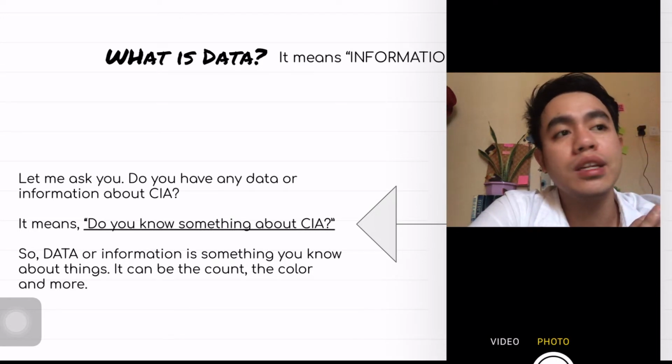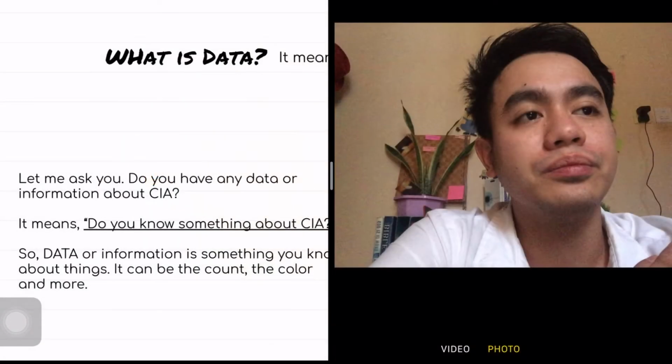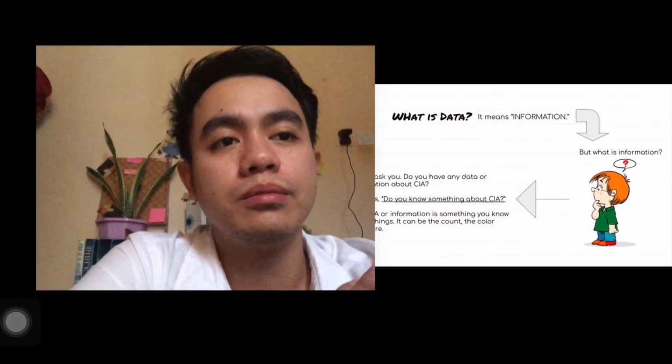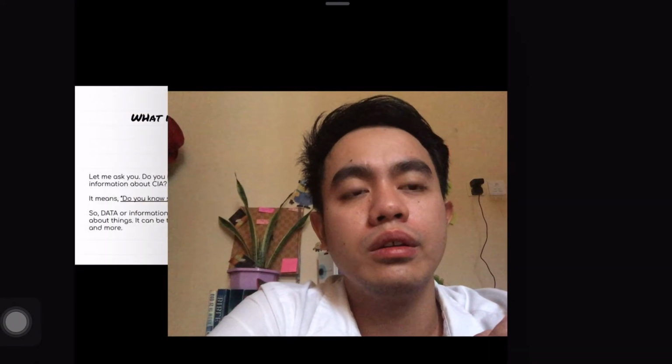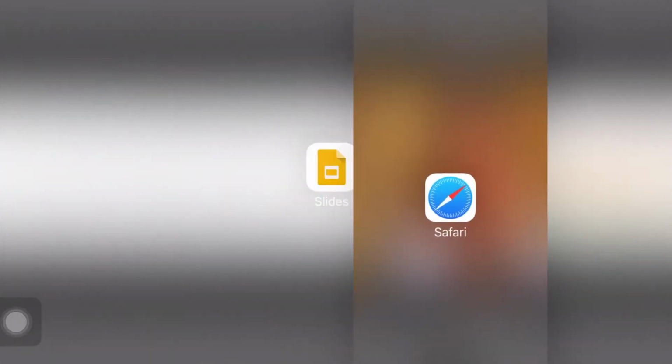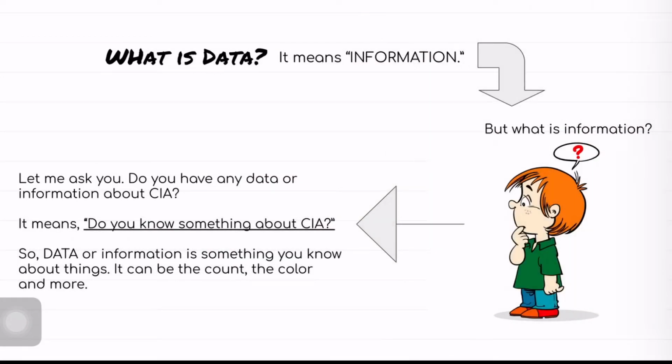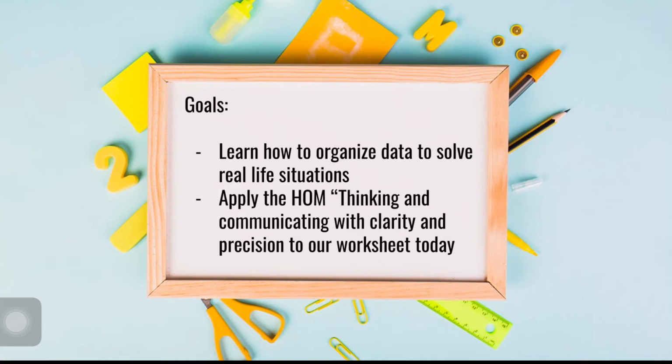I'm going to use that as well in our lesson later on. Wait, why is this going a little bit bigger? I want it to be small. Okay, so these are our goals for this lesson. Learn how to organize data to solve real-life situations.